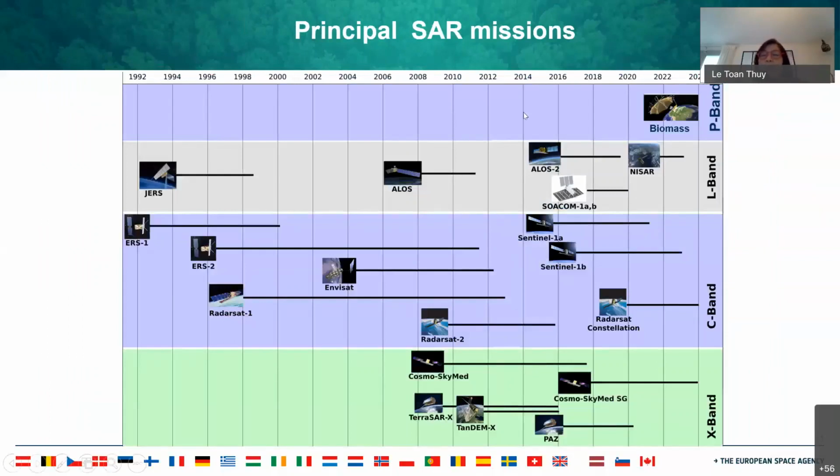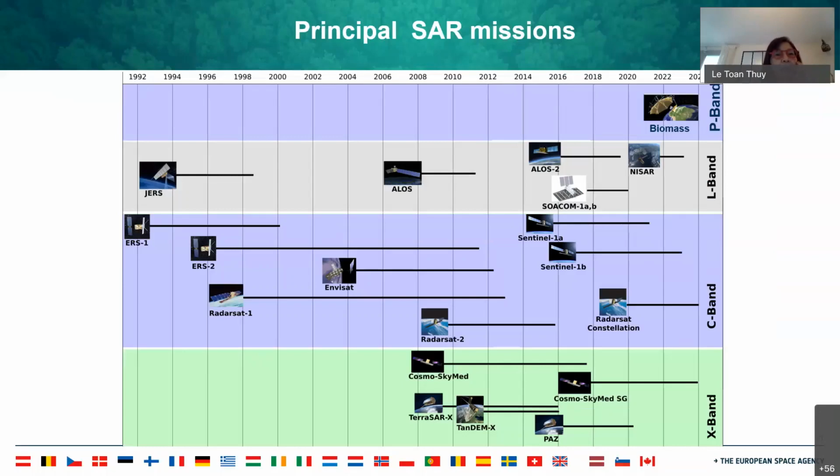And here are the SAR missions, and at a glance you can see the history. It starts in 78 with the Seasat satellite from the US, which lasted 3 months.